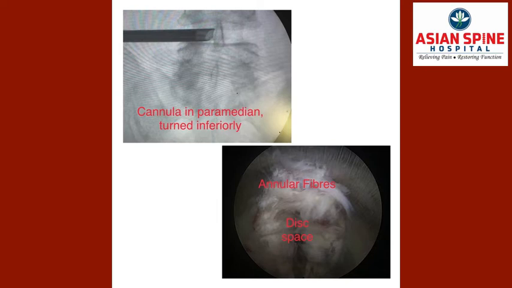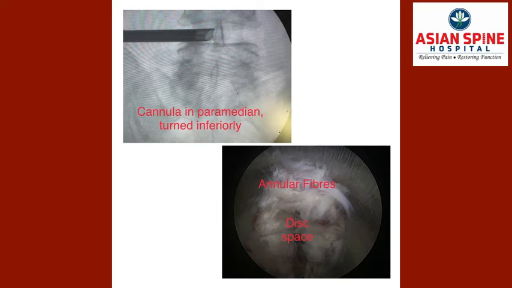Once this position is attained, the sleeve is placed, and in this case because it is inferiorly migrated, I just rotated the sleeve inferiorly. But here our fragment is more lateral, but at this position when you put an endoscope at 12 o'clock, you see the annular fibers.